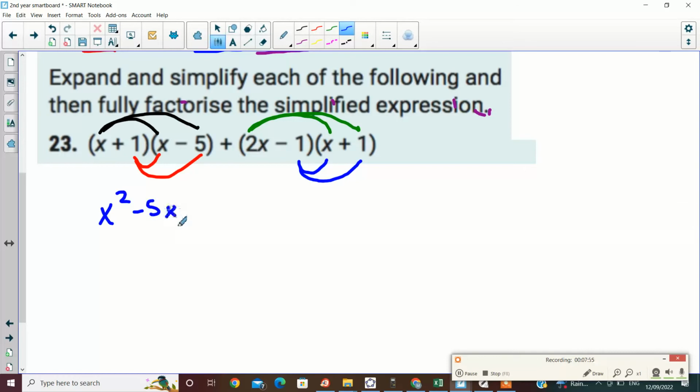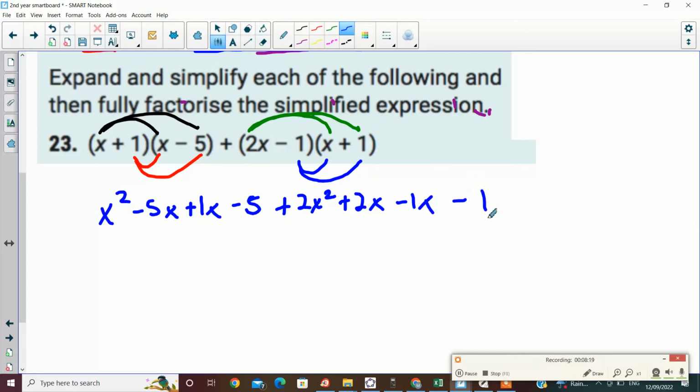Excellent. 1 times x. And 1 multiplied by minus 5. Okay. 2x by x. 2x by 1. 2x, yeah. And then minus 1 by x. And minus 1 by 1.